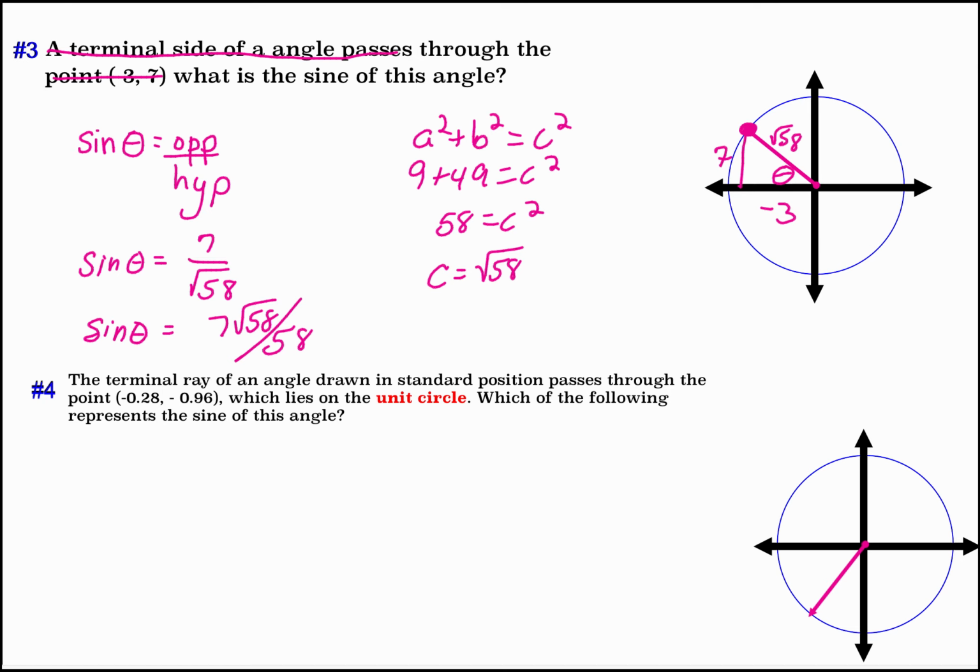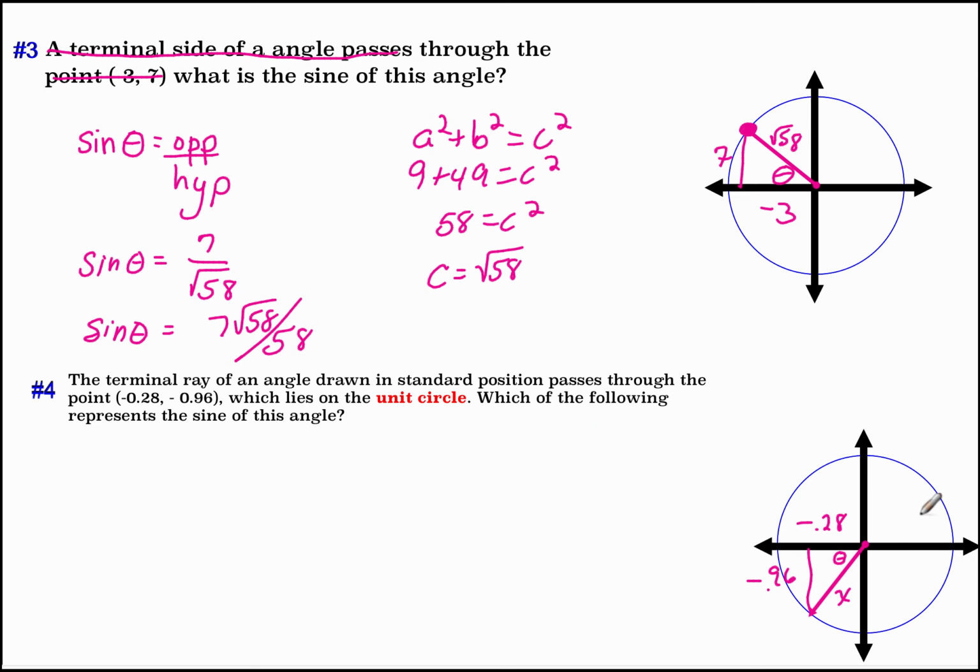I'm going to continue to draw my triangle. So I always attach to the x-axis, and there's theta. Well, they told me that I went over negative 0.28, I went down negative 0.96, and I need to figure out what the hypotenuse is.